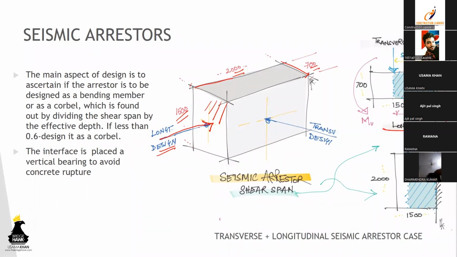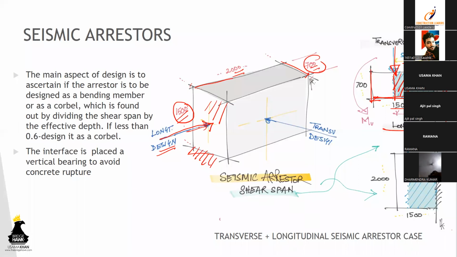So over here, the member is 1500 long, but the point at which the force is acting defines the shear span. So this is your shear span, and this is your depth. So in this case, when the force is acting over here, we will resolve the structure from this part. So in that case, we get 1500 as the length and 700 as the depth of the member.